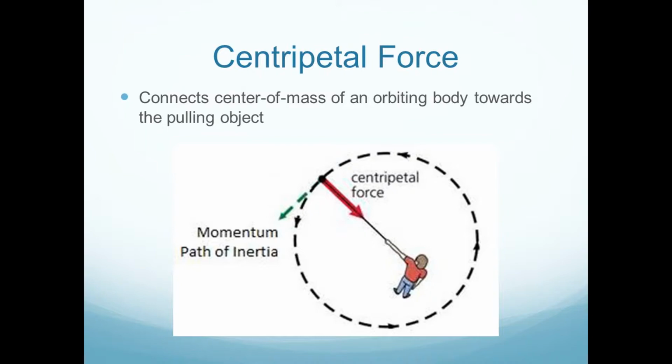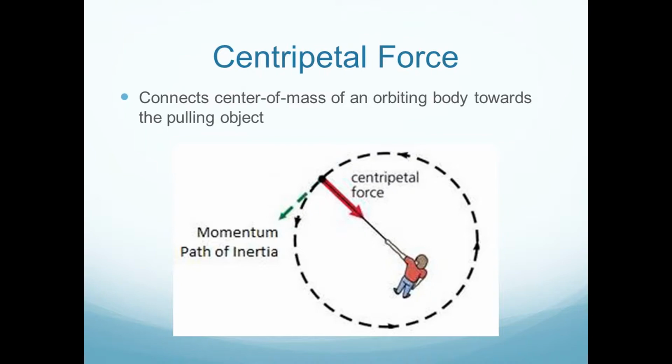And so when you have the moon orbiting around the Earth, that moon is imparting a centripetal force on top of the Earth. So as it's moving, it'll continue to rotate around the Earth until it no longer has that force being put on it.